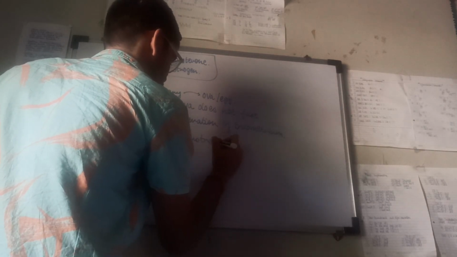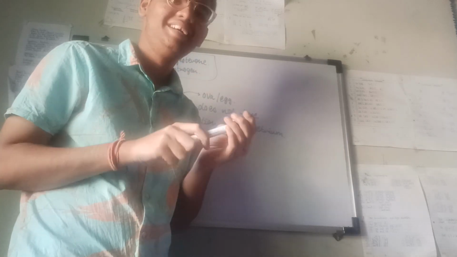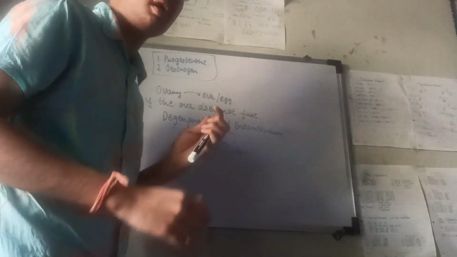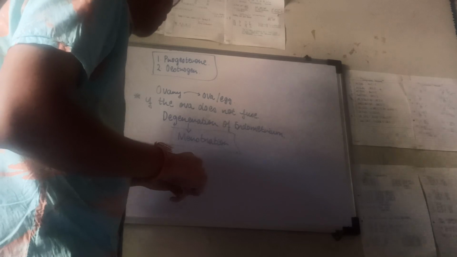Menstruation, and sorry for the disturbance, menstruation occurs monthly. It's a monthly cycle called the menstrual cycle, which occurs in females.